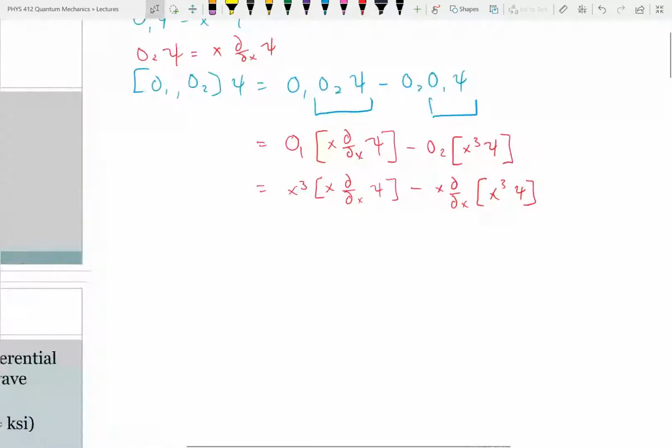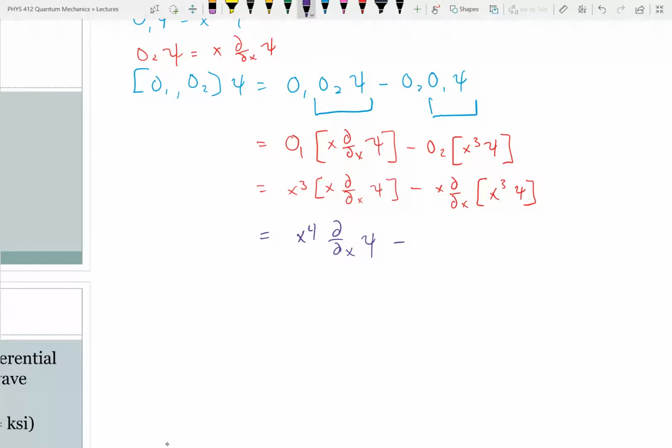So what I've done is in the brackets, I put operator 2 psi and operator 1 psi, respectively. And then in the second line, I put the operator 1, and then the brackets are the same thing. And operator 2, the brackets are the same thing. And so now we just put that all together. And so the first one is going to be x to the fourth d/dx of psi. Right, that was very simple to put together.